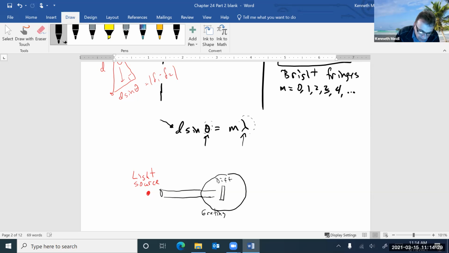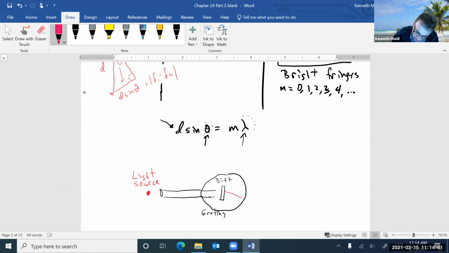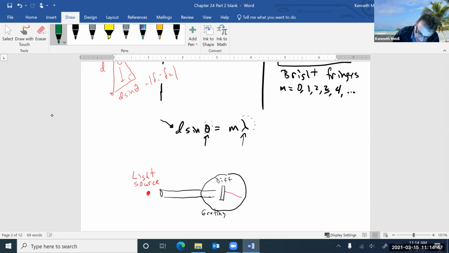And so what that means, and we'll take a look at this here, is that if there is red in here, maybe the red beam comes like that. And if there's green in here, maybe the green comes in here like this. Oops, let me think about that.